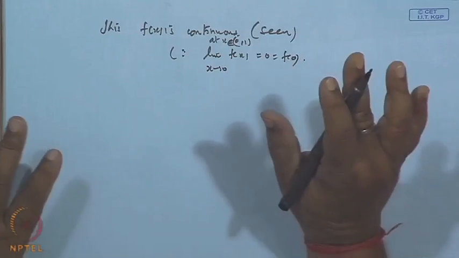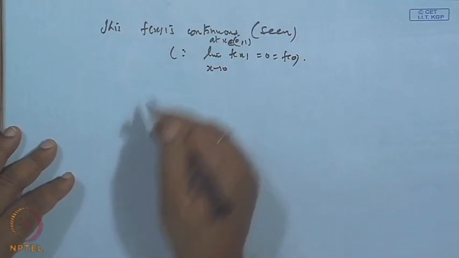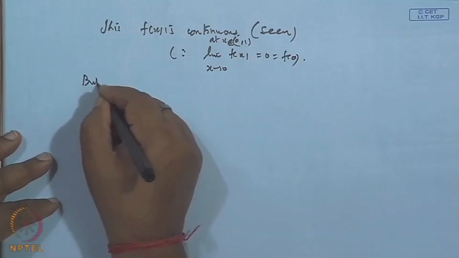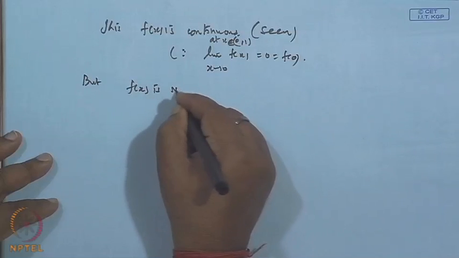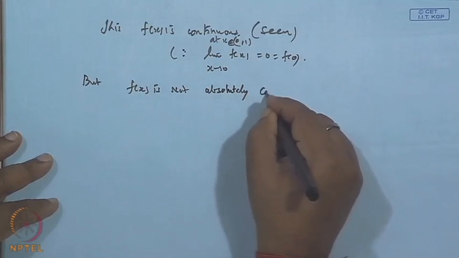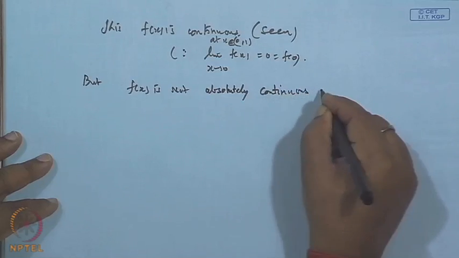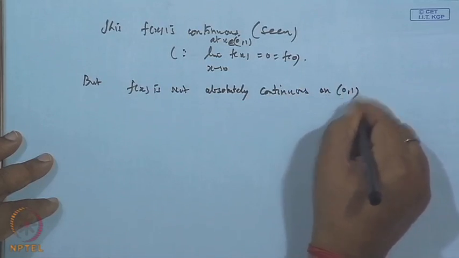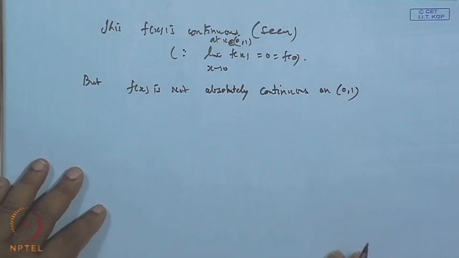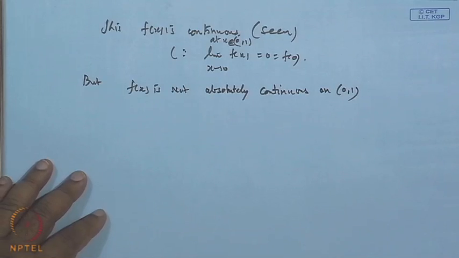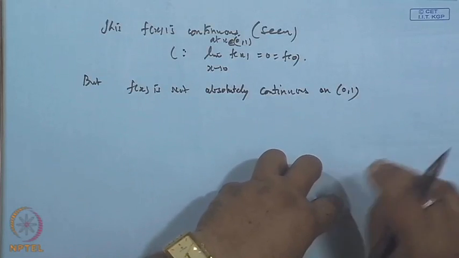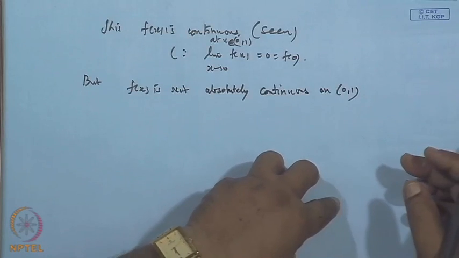Now, it is not absolutely continuous, we claim. This function f(x) is not absolutely continuous on the interval 0 1. Why? It means the absolute continuity condition is not satisfied. That is, we can choose a countable number of subintervals whose total length is less than delta, but the fluctuation may not be less than epsilon.